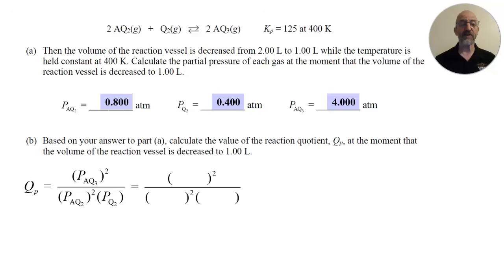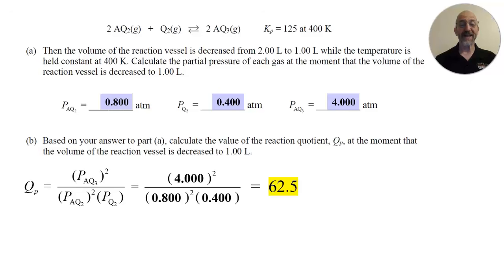So in the numerator of this expression, the pressure of AQ3 is 4 atmospheres. In the denominator of this expression, we have a partial pressure of AQ2 of 0.8 atmospheres and a partial pressure of Q2 of 0.4 atmospheres. I pick up my calculator and it's going to be 4 squared divided by 0.8 squared and then also divided by 0.4.